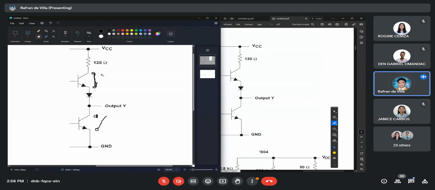Look closely. When it closes, the current is flowing through VCC, to the resistor, to the transistor, to the diode, then goes out. So that's how it generates the output current.